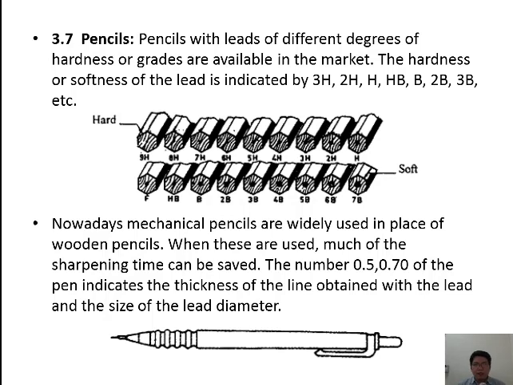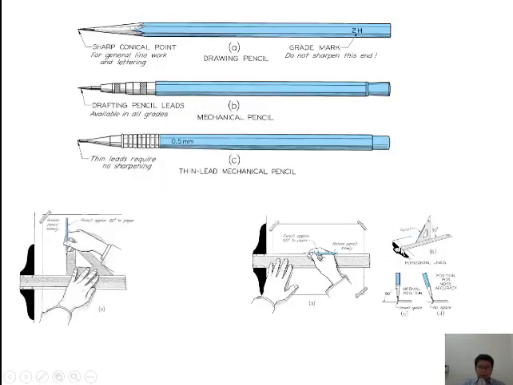Nowadays mechanical pencils are very popular, so I encourage you to just use a standard mechanical pencil, but try to use 0.5 or 0.7. This is how you use the mechanical pencil with the mini drafter, and it is basically the same with others.